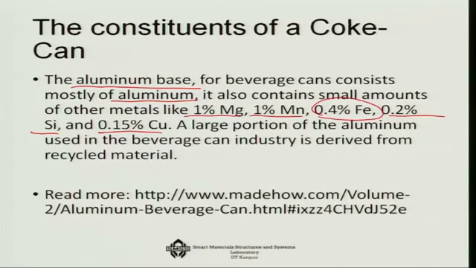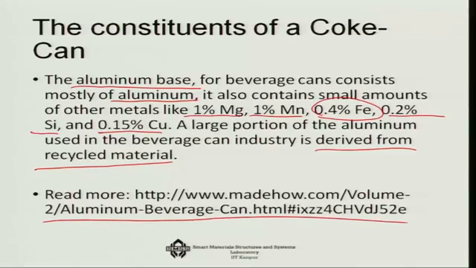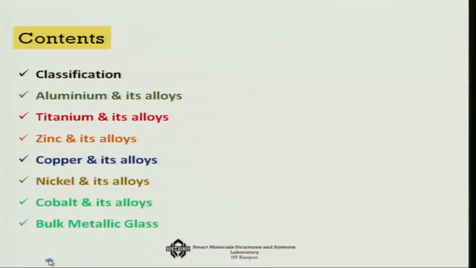And one of the good things is that this aluminum alloy can be mostly derived from recycled material, which means it is a very green way of using a material. I have given a site which you can visit to know more about how this type of Coke can is made.